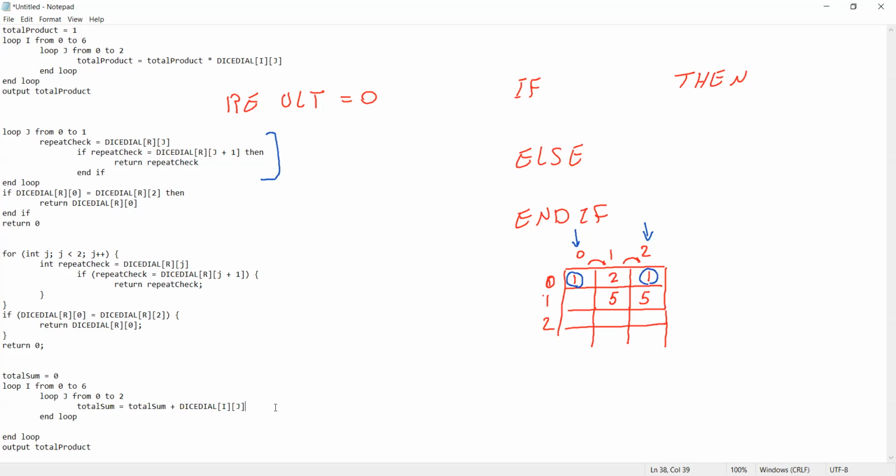So row total means, he says 1 plus 2 plus 1, so that is 4. Maybe 6, 5 and 5, so this is 16. So he would try to find the row with the lowest total, and that's slightly different.